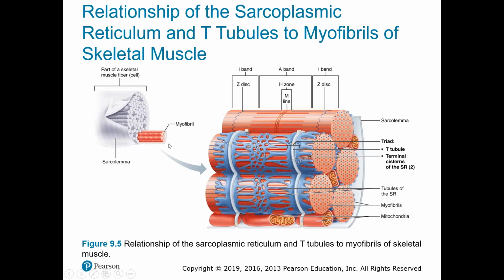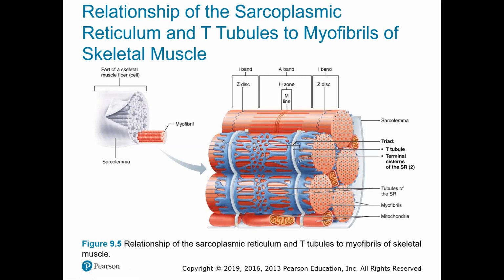The T tubules extend all the way to the surface of the cell. They are part of the cell membrane. And so they are in contact with every myofibril. The T tubules are in contact with every myofibril at every Z line, here and here and here and here and here, and all the way throughout the entire cell.